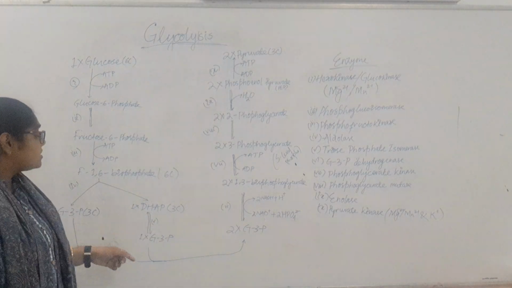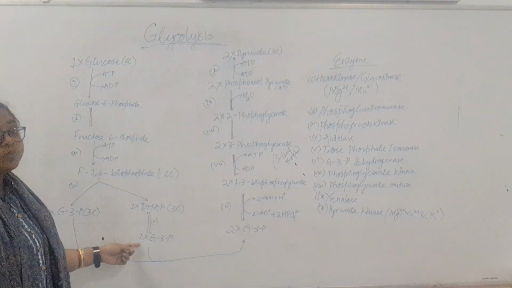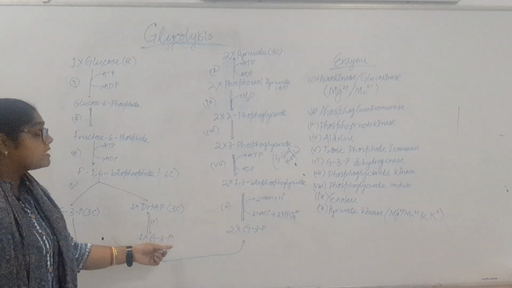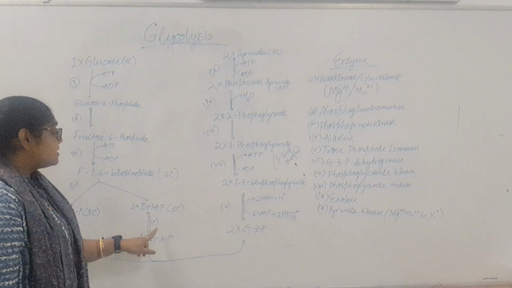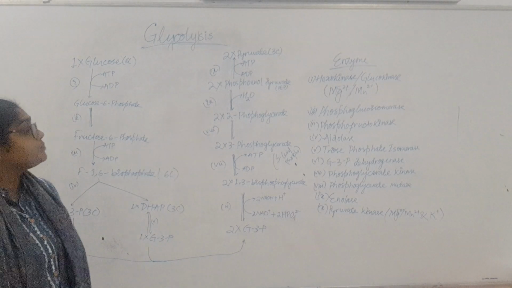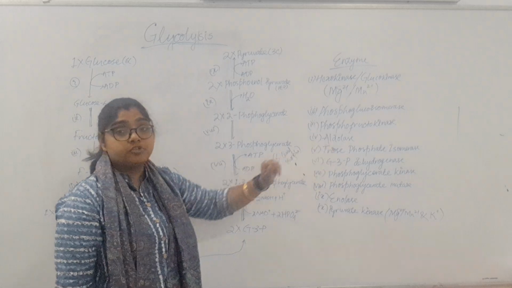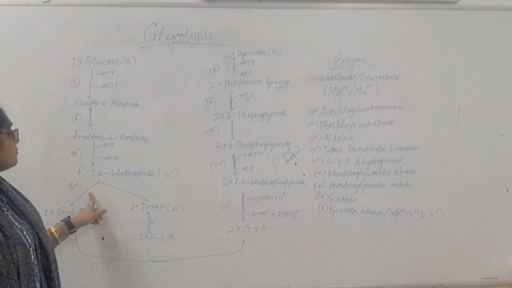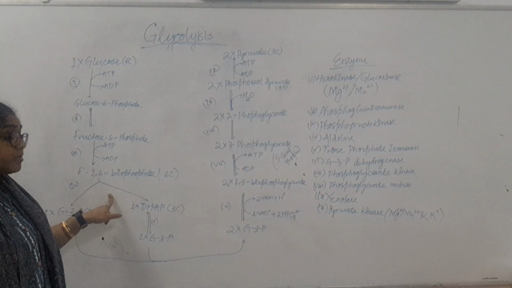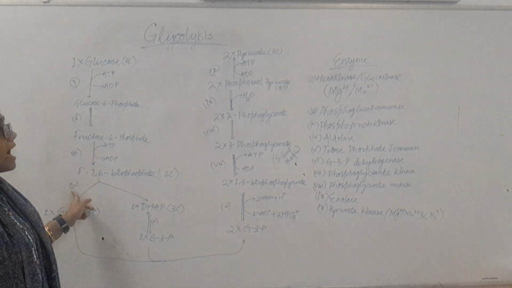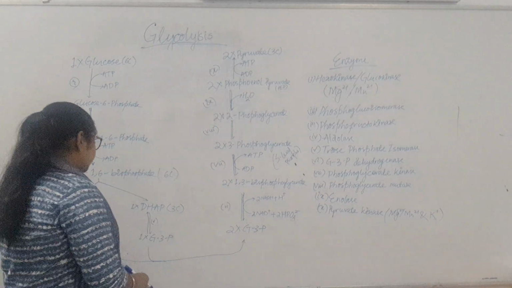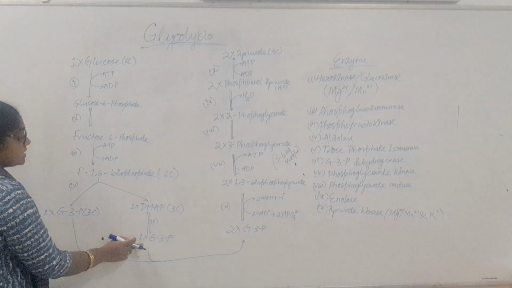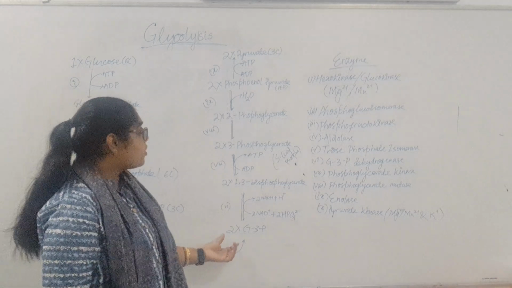Now this dihydroxyacetone phosphate will again convert to one of its isomers, glyceraldehyde 3-phosphate. The enzyme responsible here is triose phosphate isomerase, and the enzyme responsible for the splitting or cleavage process is known as aldolase. Okay, and at this point the 2 glyceraldehyde 3-phosphate will convert.